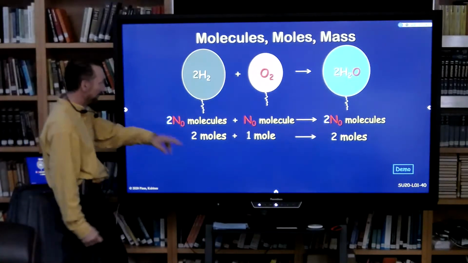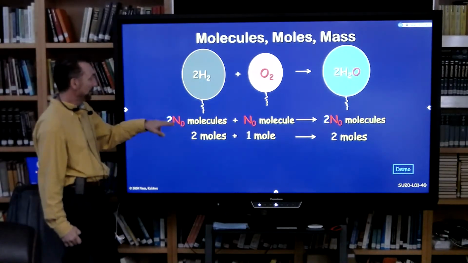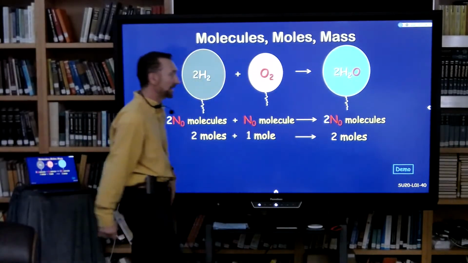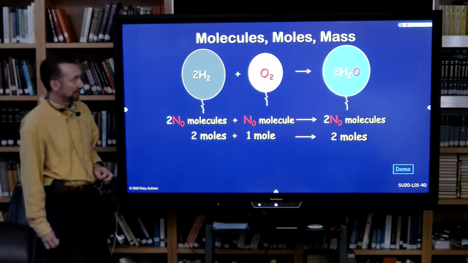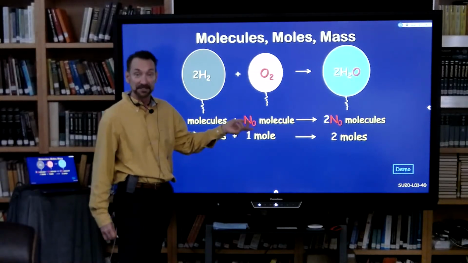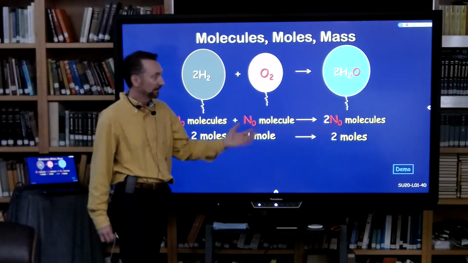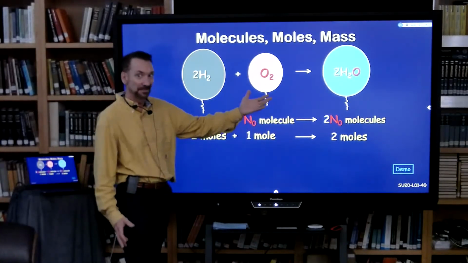So 2 million would react with 1 million. Or 2 Avogadro's numbers, 2 times 10 to the 23rd, would react with 1 times 10 to the 23rd to give you 2 times 10 to the 23rd molecules of water. Avogadro's number is 6.02 times 10 to the 23rd. I'm just going to say 10 to the 23rd or mole or something. Once you're at 10 to the 23rd, whether you have 6 times it or not, it's 10 to the 23rd.